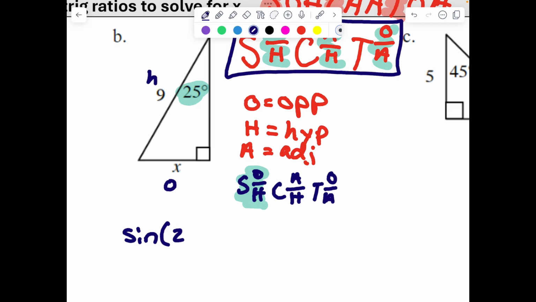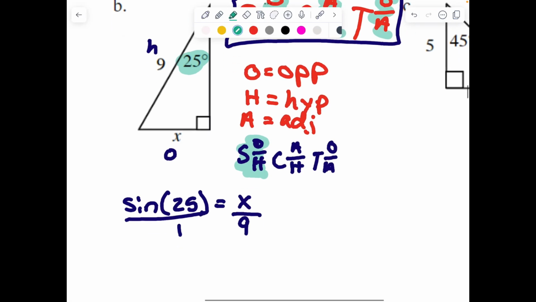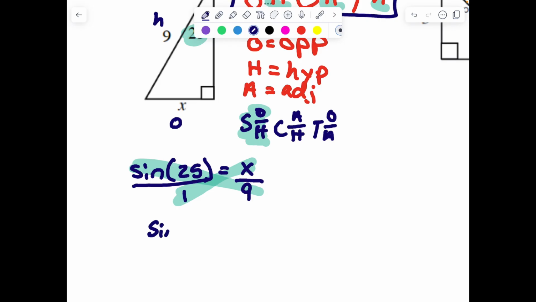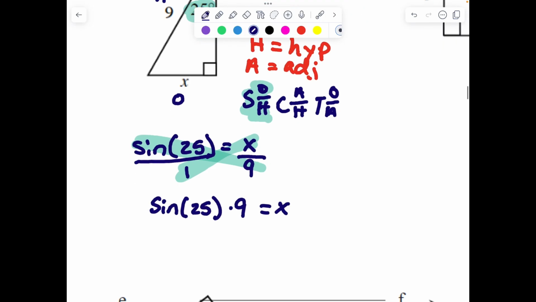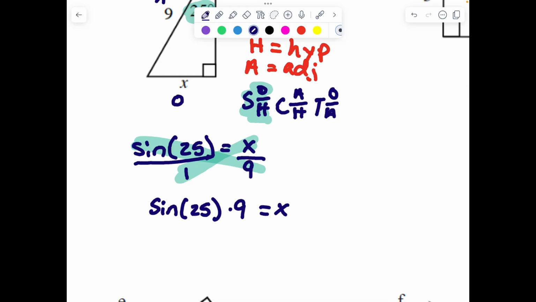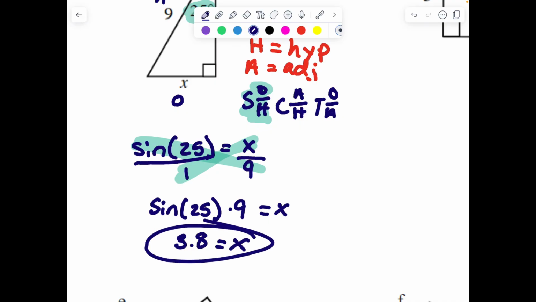So this is going to be the sine of 25 is equal to, now opposite goes on top, so x over 9. We can cross multiply. So we're going to get the sine of 25 times 9 equal to x. And in my calculator, the sine of 25 times 9 is 3.8. So x is 3.8.